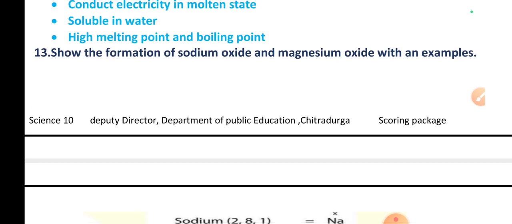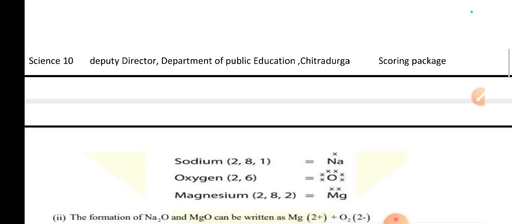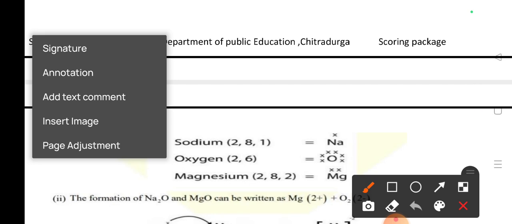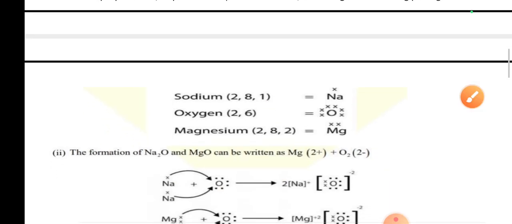Show the formation of sodium oxide and magnesium oxide with example. Sodium has electronic configuration 2, 8, 1. In the outermost shell 1 electron is there, which sodium is capable of donating. Oxygen has configuration 2, 6, so it needs another 2 electrons to get an octet. Magnesium's electronic configuration is 2, 8, 2. In the outermost shell it has 2 electrons.